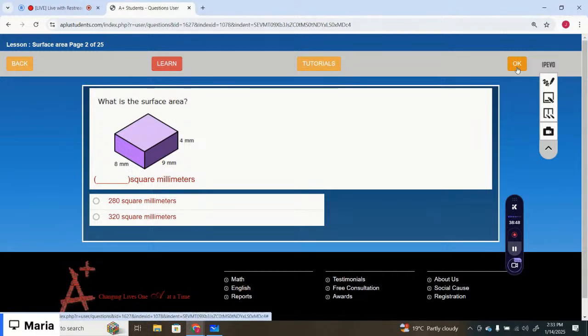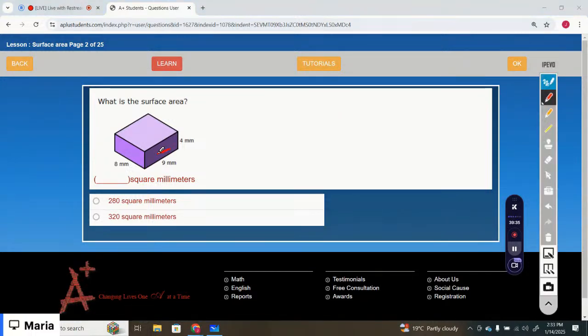What is the surface area? Let's just calculate the area of each face, right?